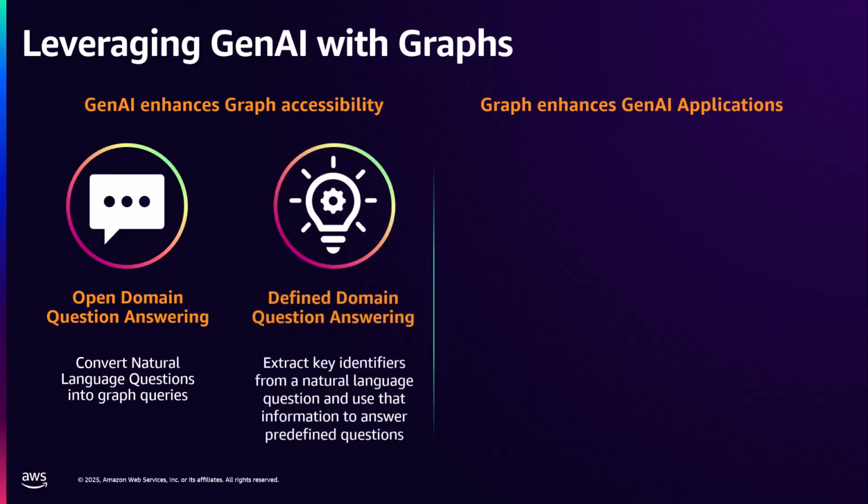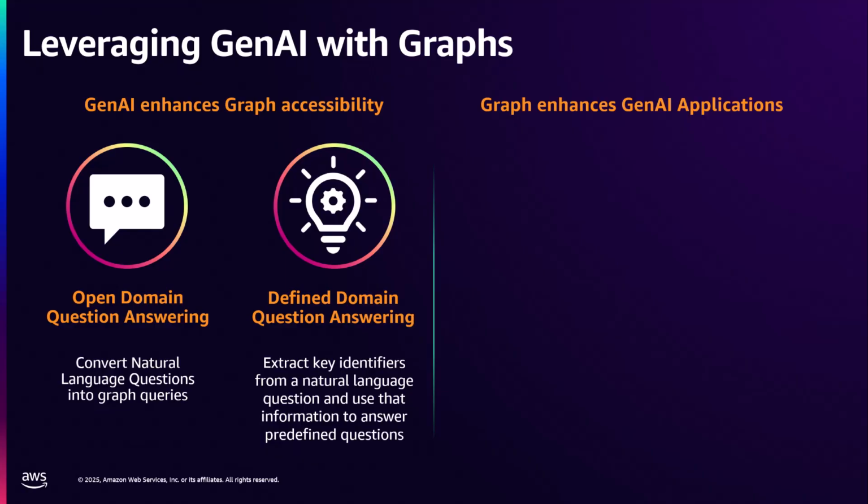Next, we've got defined domain question answering. This differs slightly in that you're still allowing your users to ask a natural language question to your graph, but you're using LLMs to first identify the context of the question, so what type of question they are asking, and then extract elements from that question to put into template queries.